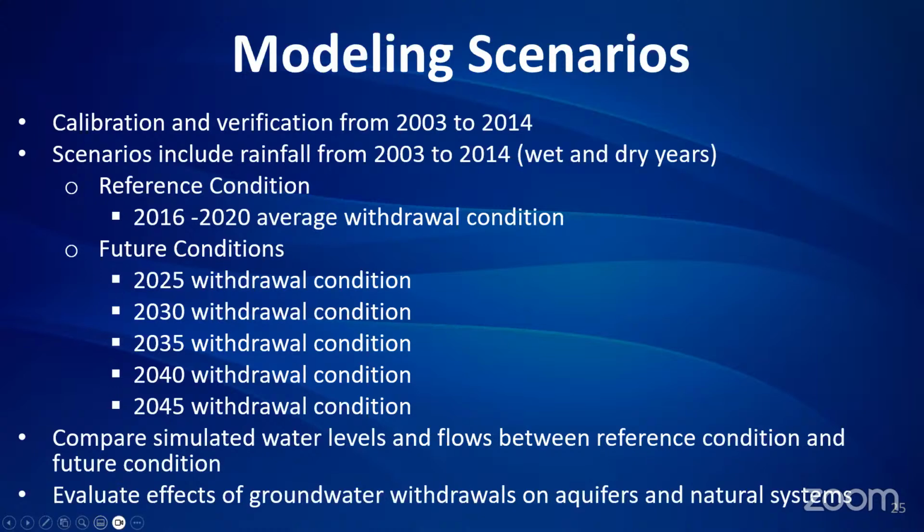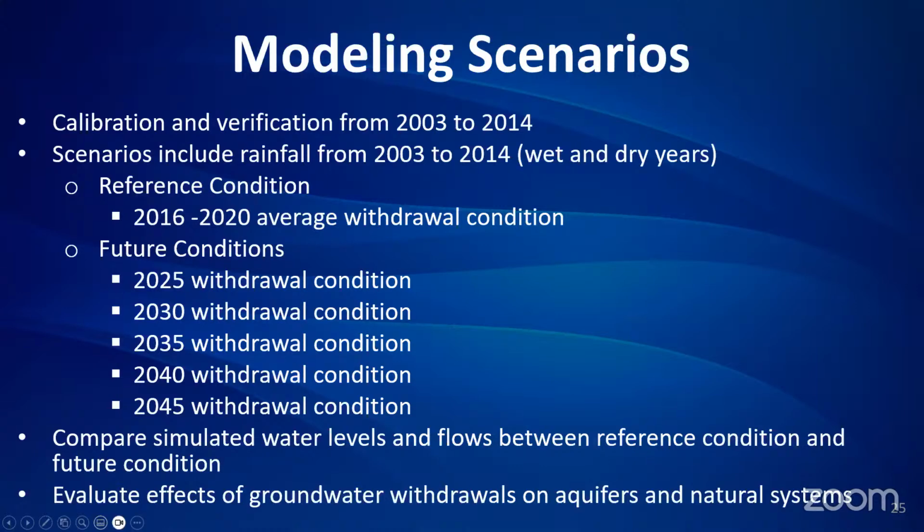Then, in 5-year increments, we simulated future conditions through the system. We accounted for the withdrawals that occurred in each one of those 5-year increments from 2025 to 2045, and those are separate model runs. What we do is compare the simulated water levels and flows between the reference condition and that future condition.